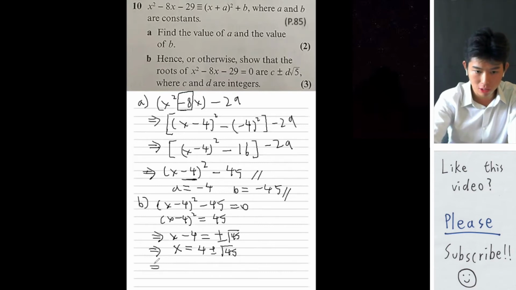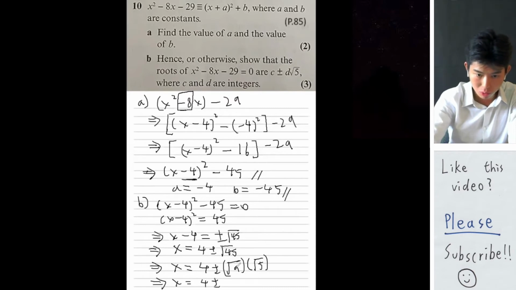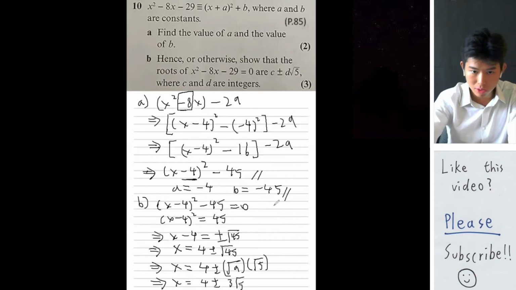The final step: x equals 4 plus or minus root 9 times root 5, which is x equals 4 plus or minus 3 root 5. So c equals 4 and d equals 3.